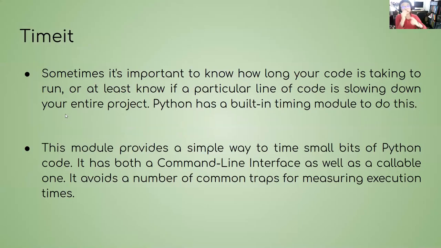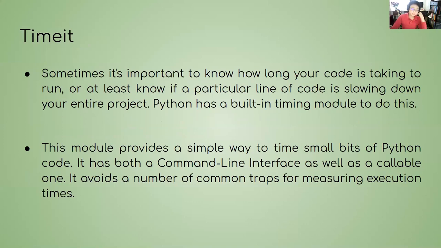Sometimes it's important to know how long your code is taking to run, or at least if a particular line of code is slowing down your entire thing. This module provides a simple way to time small bits of Python code. It has both a command line interface as well as a callable one. It avoids a number of common traps for measuring execution time.